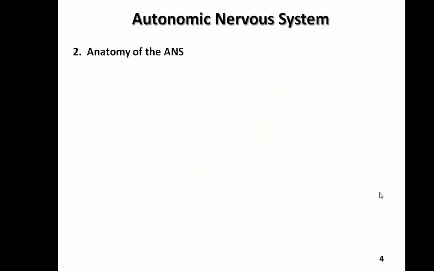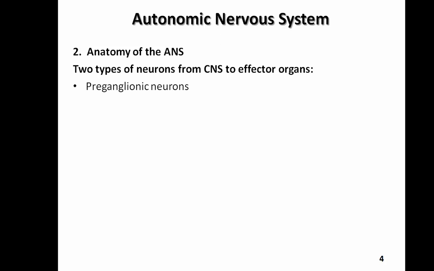The second major aspect of the autonomic nervous system relates to the anatomy of this system. There are two types of neurons from the central nervous system to the effector organs. The first type are referred to as pre-ganglionic neurons. Pre indicating before, ganglionic indicating that there is a cluster of nerve cell bodies that will conduct information to the effector organs.